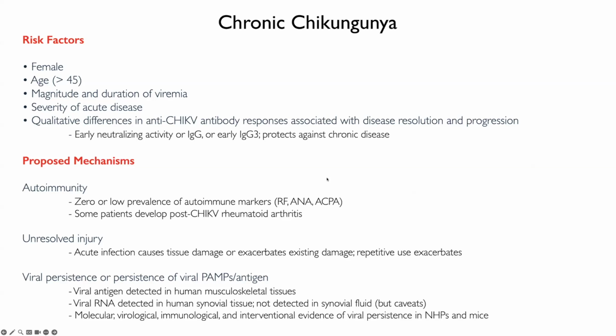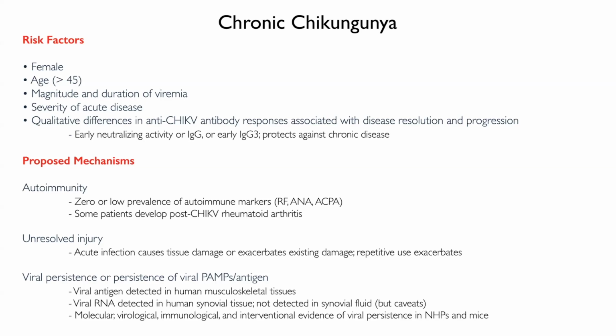So a little more background on this chronic form of the disease. There's been a number of risk factors that have been identified. This includes female sex, age over 45, the magnitude and duration of viremia during the acute phase, and the severity of the disease signs and symptoms during this acute phase. In addition, differences in the anti-chikungunya antibody response have also been associated with either a resolution or progression to chronic disease.